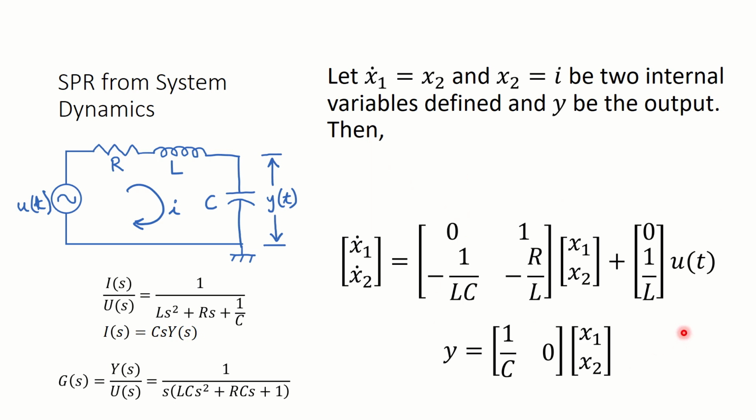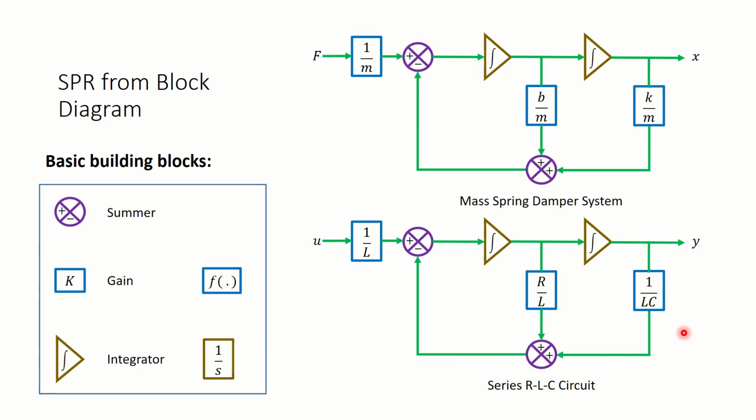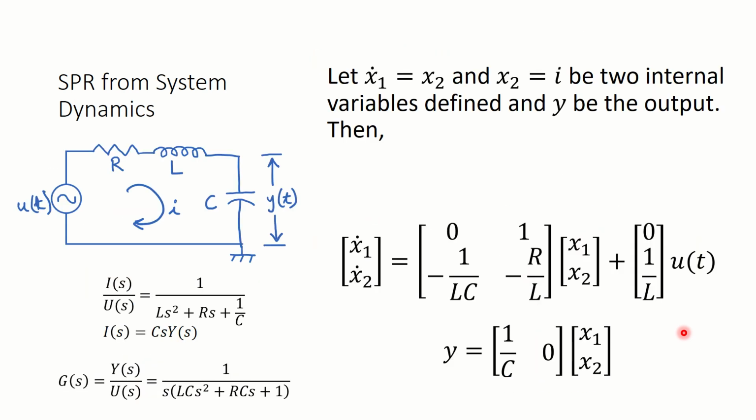Now just before going ahead to the block diagram representations, I want to make a comment that this choice of states that we have taken in the mass spring damper system as well as this RLC is not the only choice of states available to us. You can very well define another state to describe the system.